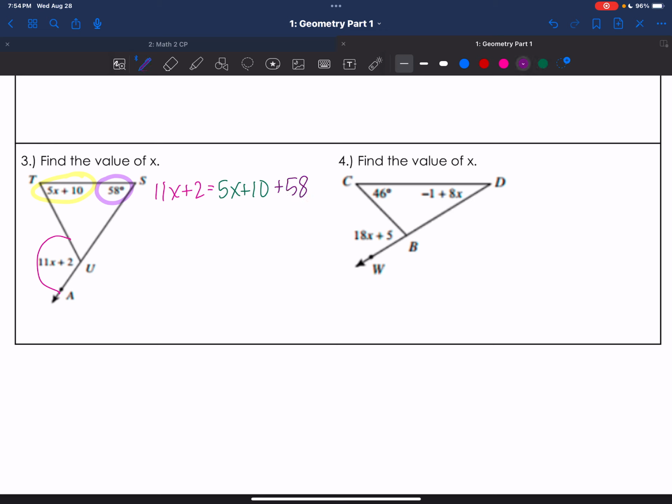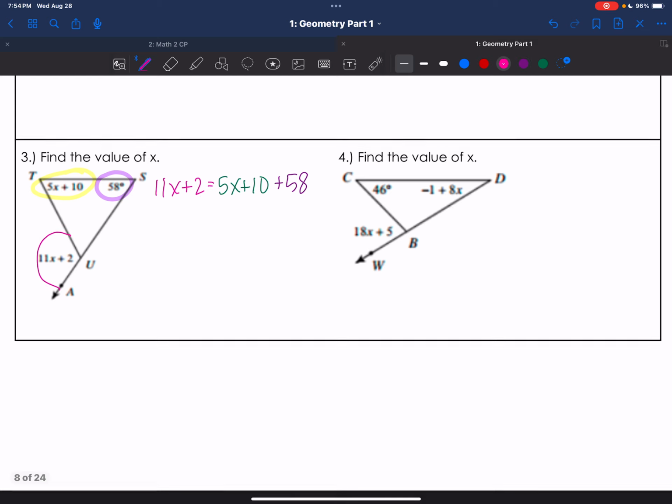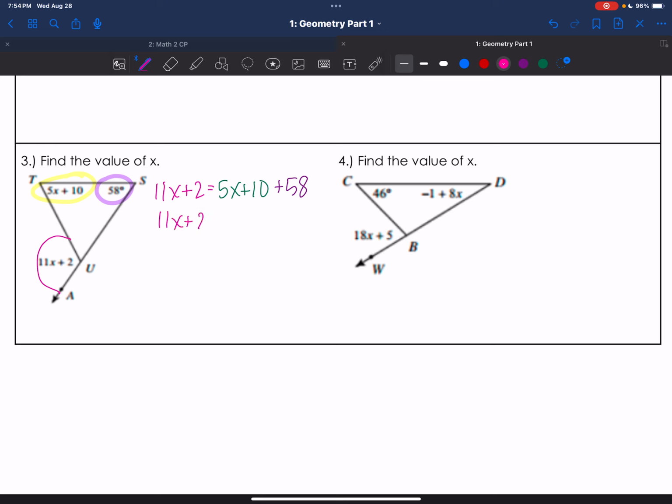All right, so now let's go ahead and combine like terms. So we've got 11x plus 2 equals 5x plus 68.